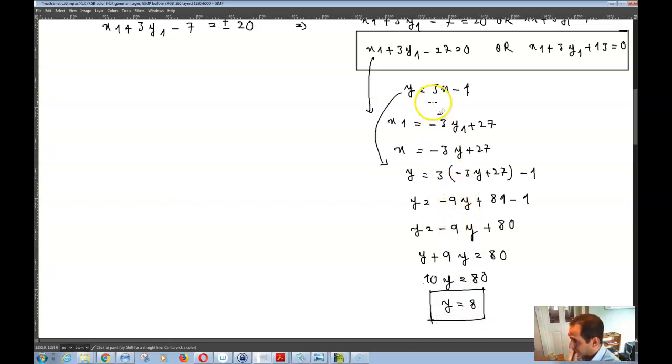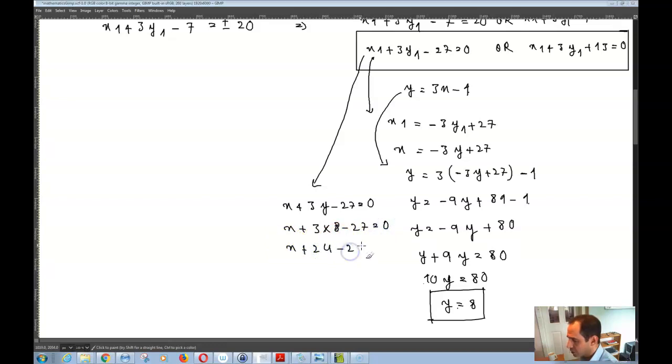And if I use this equation over here again, I can write it simply as x and y. So x plus 3y minus 27 is equal to 0. Now if y is equal to 8, x plus 3 times 8 minus 27 is equal to 0. x plus 24 minus 27 is equal to 0. x minus 3 is equal to 0. x is equal to 3.